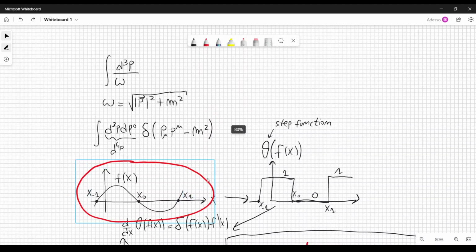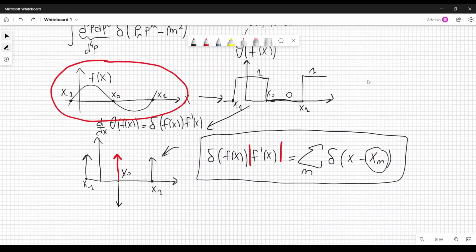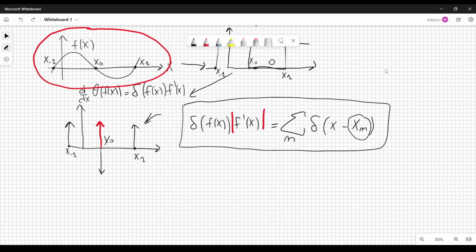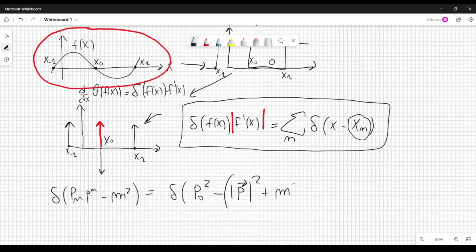So this is what I'm going to do now. Let's rewrite the Dirac delta. So we have, remember that we have delta of p mu minus m squared, and we can rewrite this as delta of p0 squared, and then we have minus magnitude of p squared plus m squared like this, and we are going to define this as omega squared.